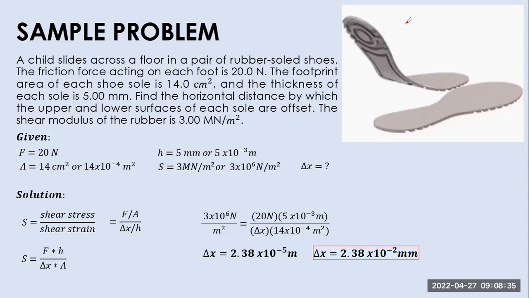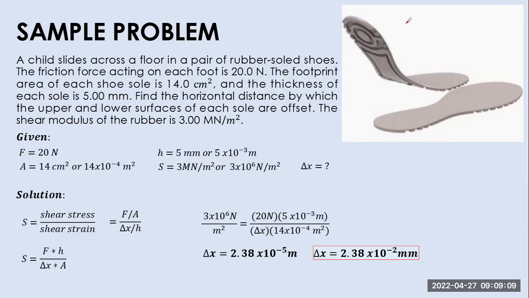Our next problem is regarding the shear modulus. A child slides across a floor in a pair of rubber-soled shoes. The friction force acting on each foot is 20 Newton. So we have a force of 20 Newton. The footprint area of each shoe sole is 14 centimeters squared, and the thickness of the sole is 5 mm.